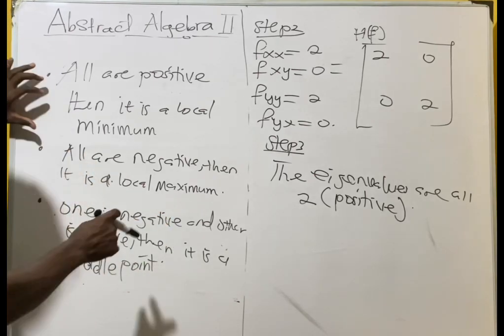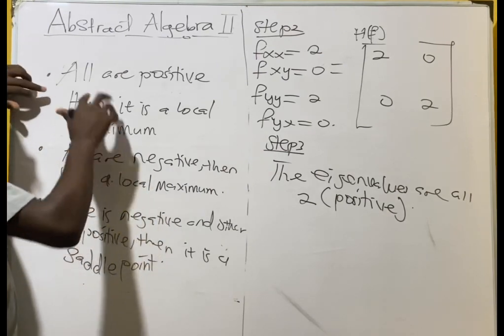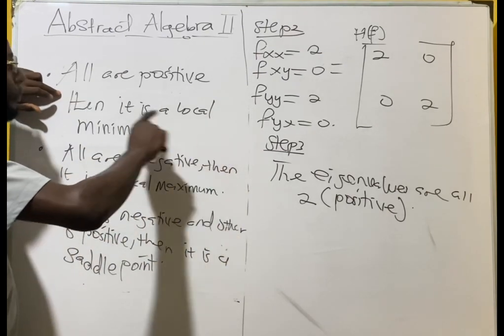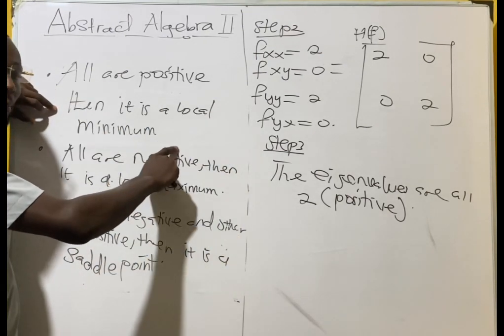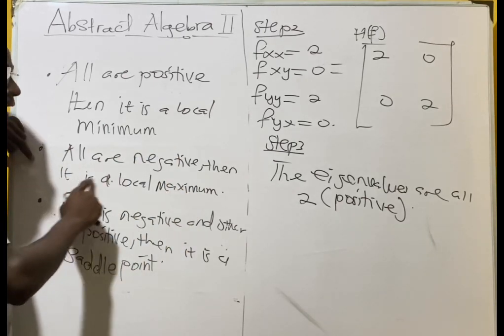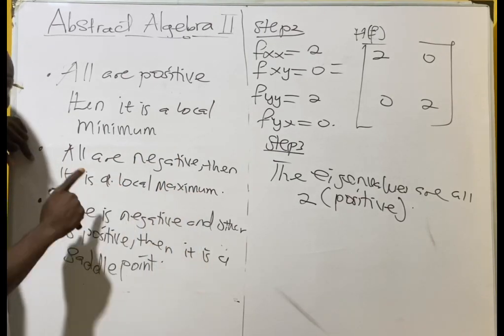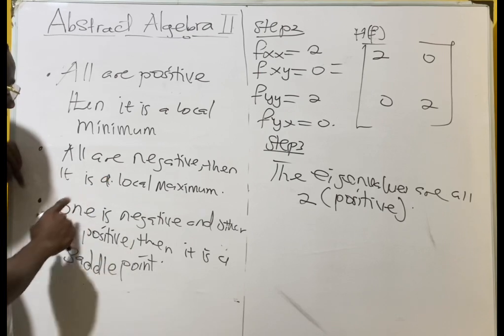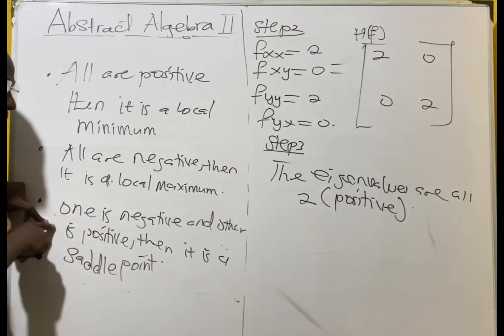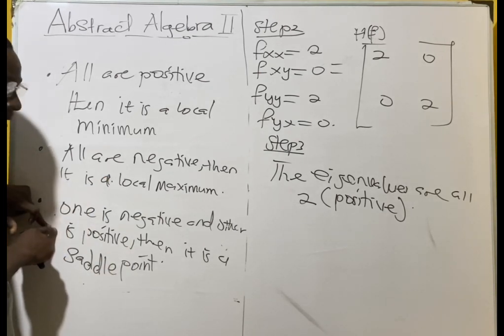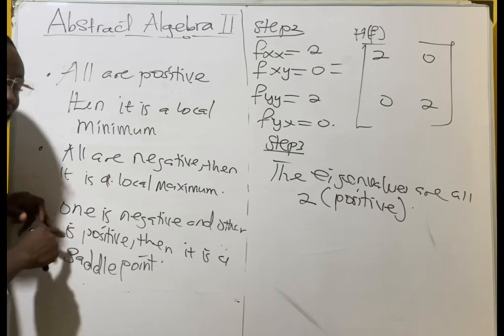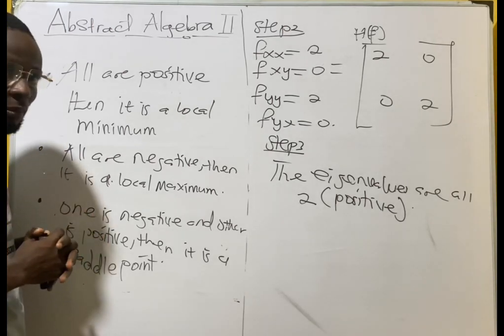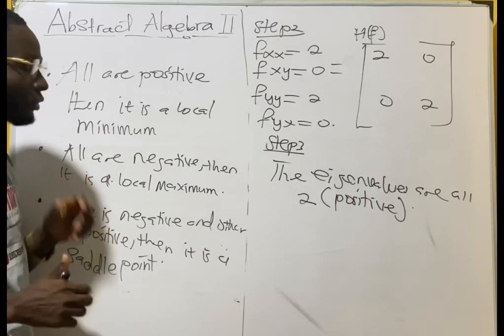So these are what you have to know. If all eigenvalues are positive, then it is a local minimum. If all eigenvalues are negative, then it is a local maximum. If one is negative and the other is positive, then it is what? A saddle point. Take note.